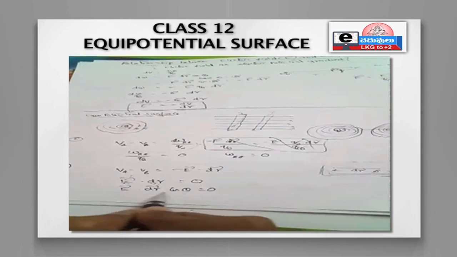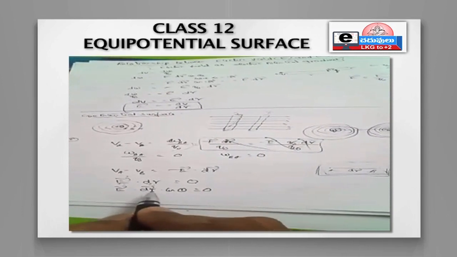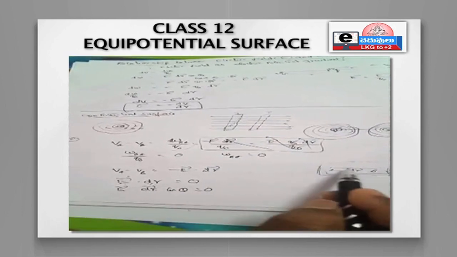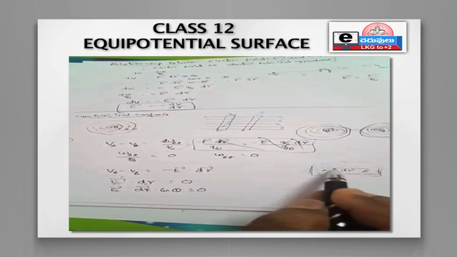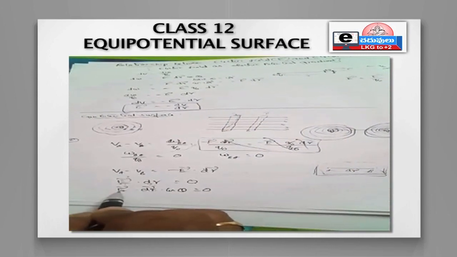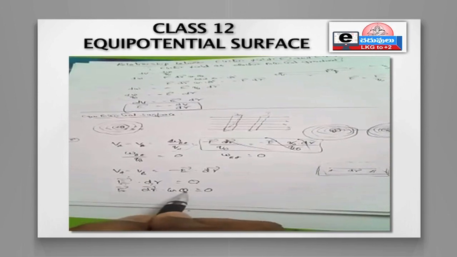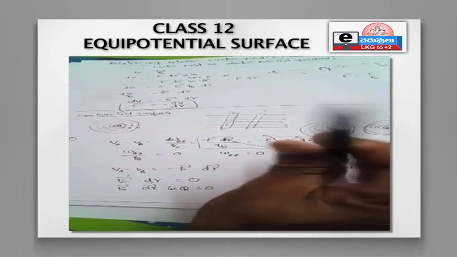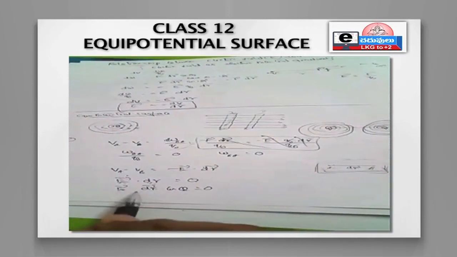I am representing this in the form of a scalar dot product, where theta is the angle between these two. If dr, the displacement, lies on the surface, then the electric field lines must be perpendicular to it, because the angle between them is 90 degrees. Therefore the electric field lines originate perpendicular from the surface.